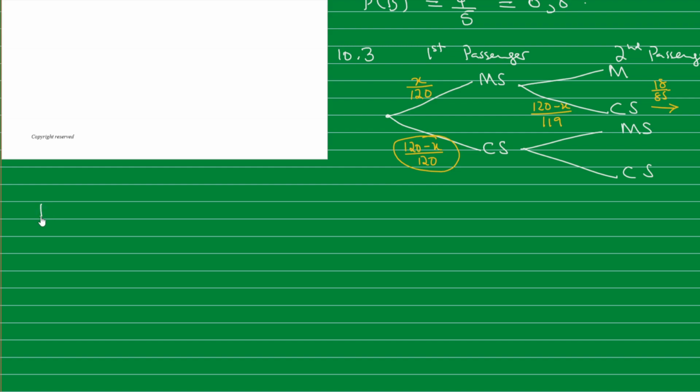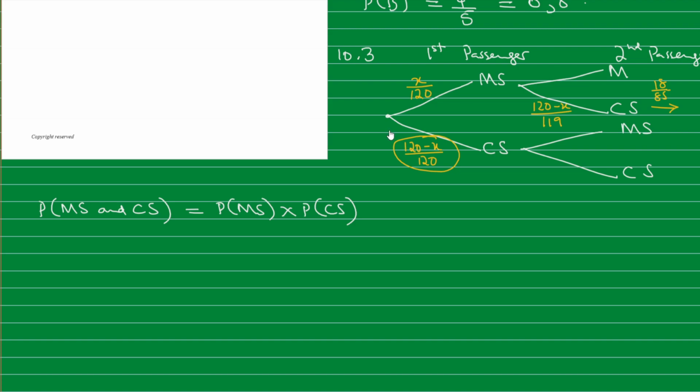The probability of MS and CS is equal to P(MS), multiplied by P(CS).